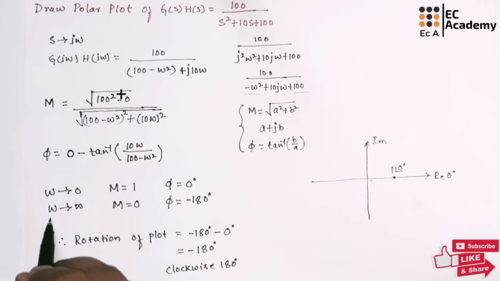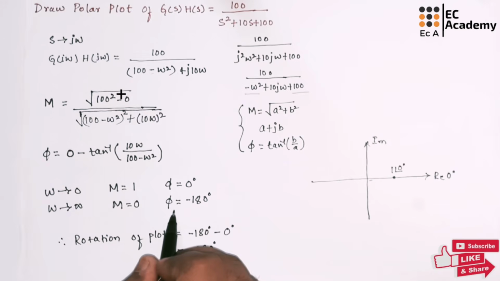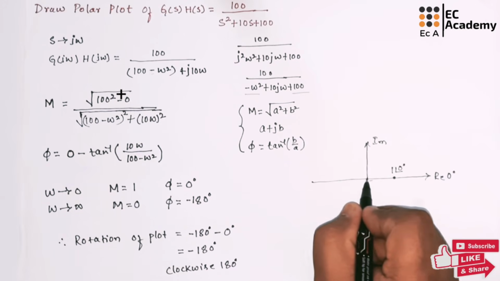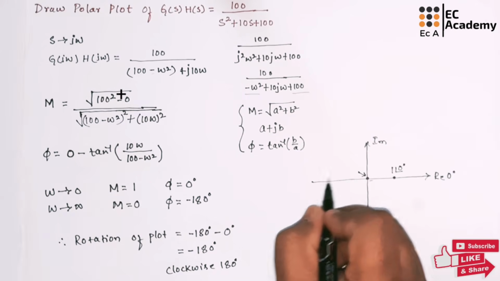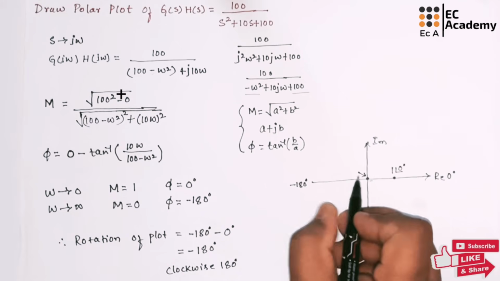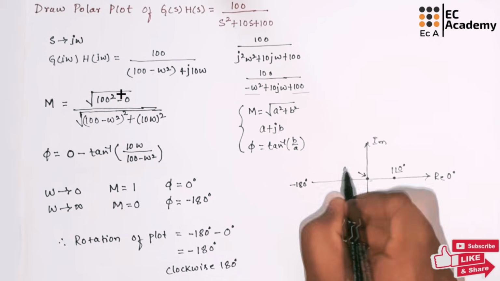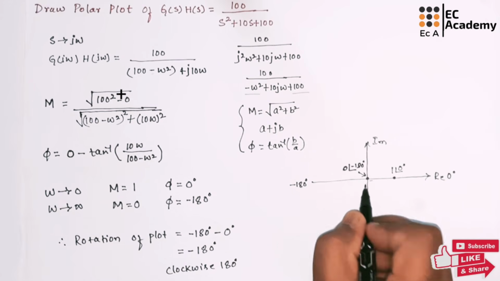When omega is equal to infinity, magnitude is 0 and phase angle is minus 180 degree. So this is minus 180 degree here. So the end point will be at 0 at an angle of minus 180 degree. So this is the end point.